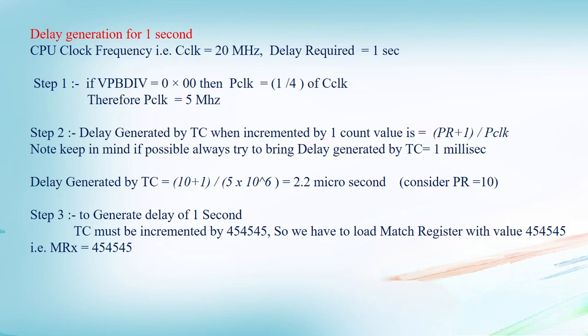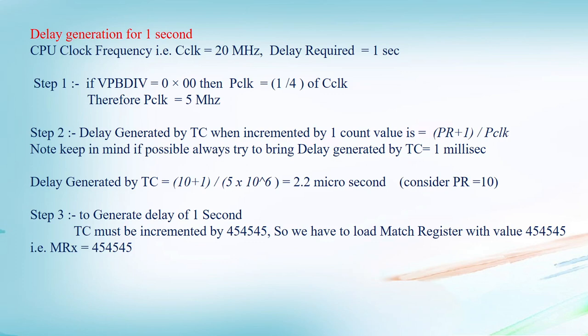Note, keep in mind that if possible, always try to bring the delay generated by TC to 1 millisecond. So let us put the values of PCLK and the PR value. Delay generated by TC equals (10 plus 1) upon (5 into 10 to the power 6), which equals 2.2 microsecond. Let us consider here PR equals 10.